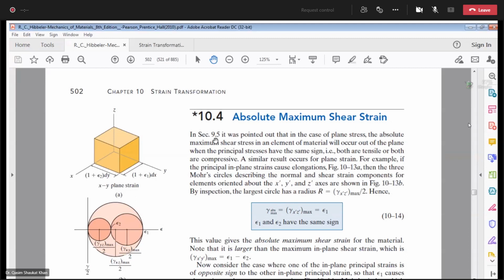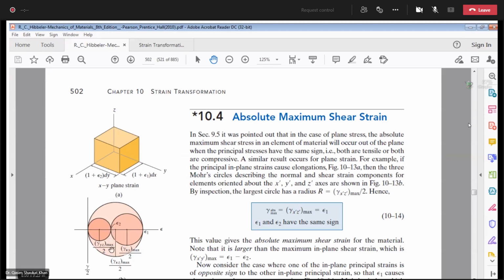Basically, when both the principal stresses sigma 1 and sigma 2 are positive, what will happen? Your absolute maximum shear stress is the larger of the three.